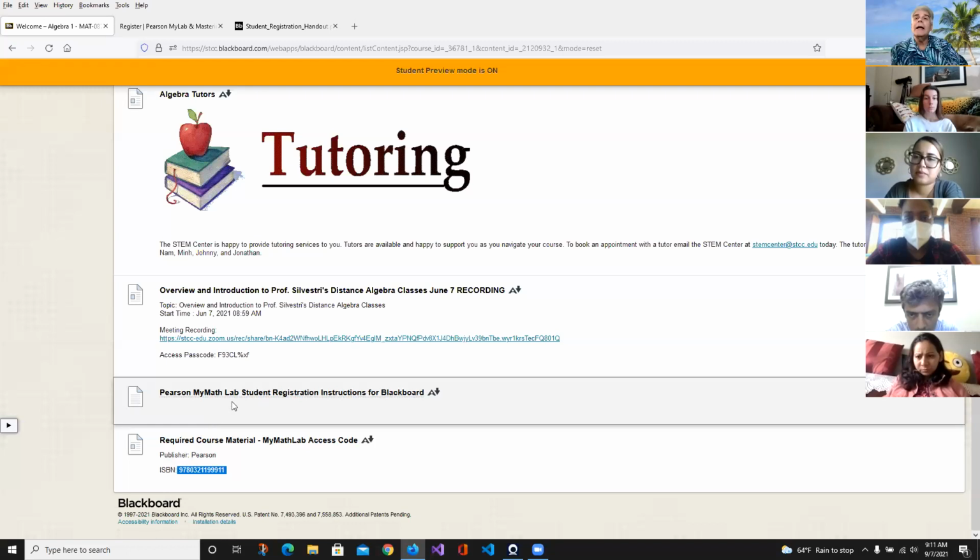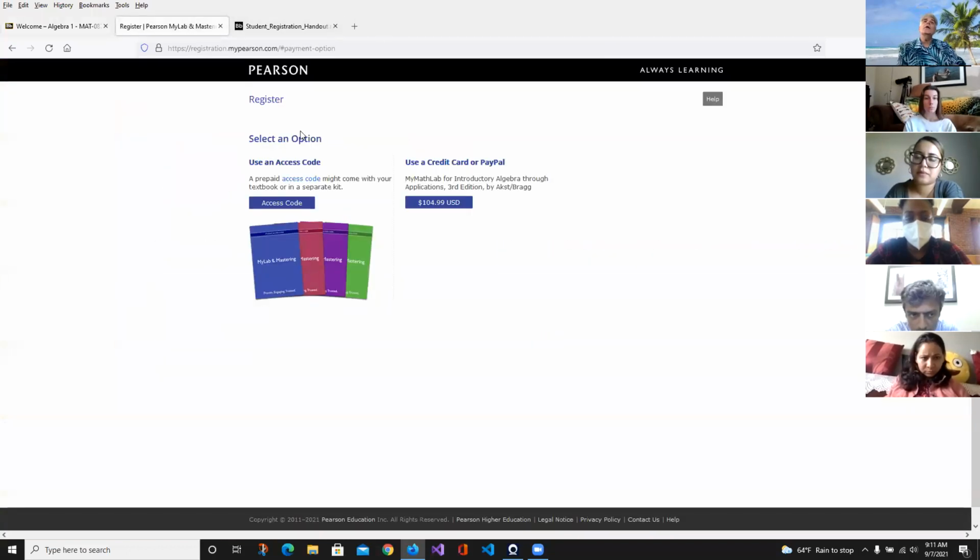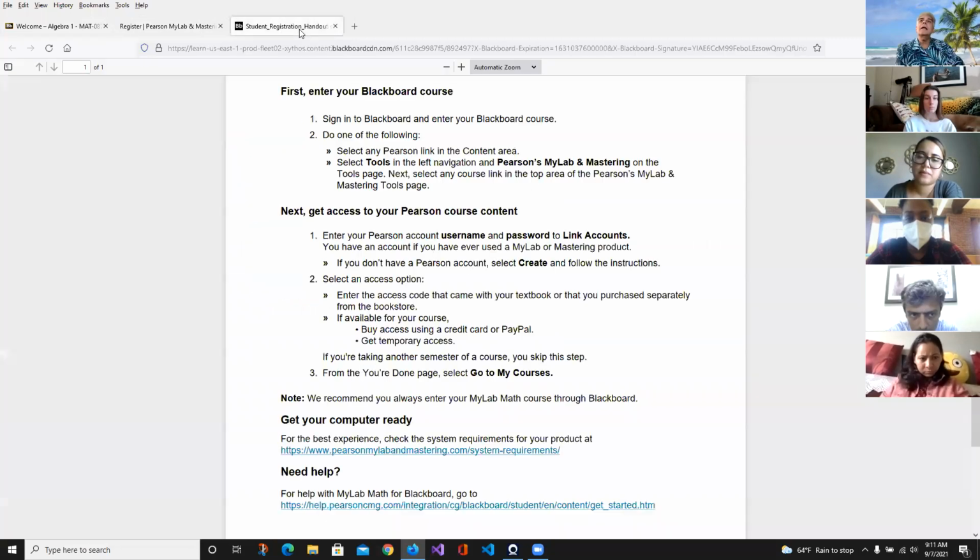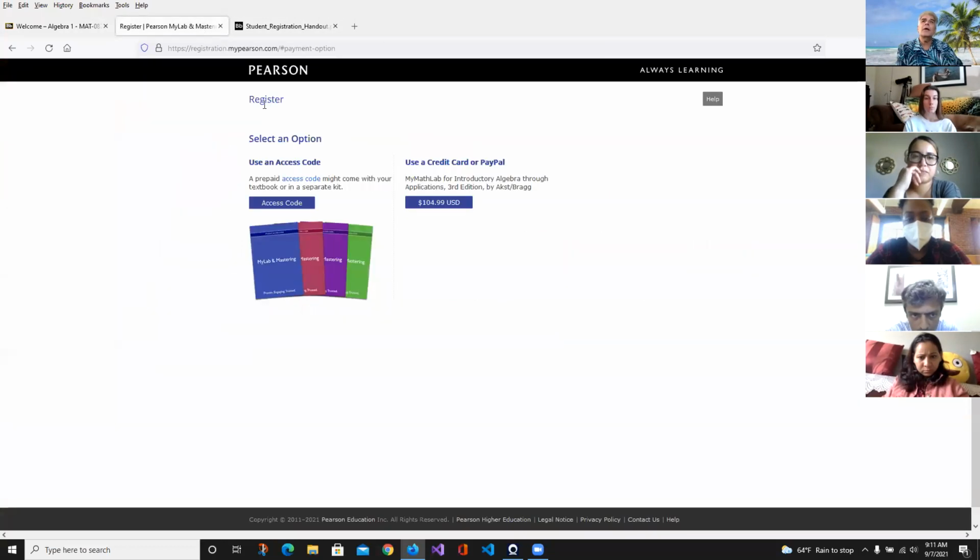Okay, and so let's go back here. What we did was we followed all these steps. We got to this point, and I'm not sure why I'm not seeing it here, basically because I think I'm the instructor.